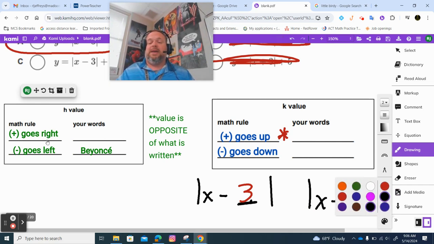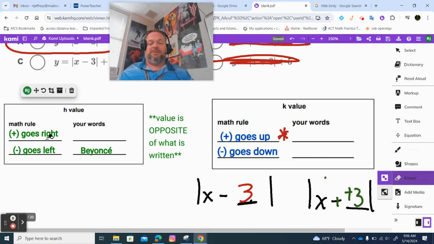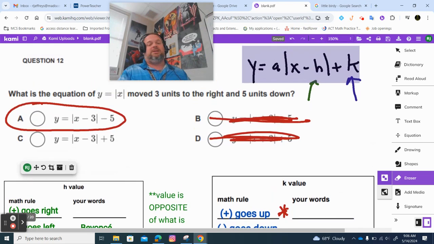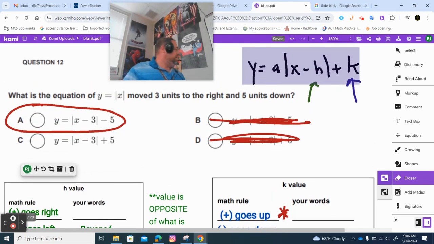If I put a negative 3, what happens to this minus the negative? Going to change it to a positive. No, we don't want that.